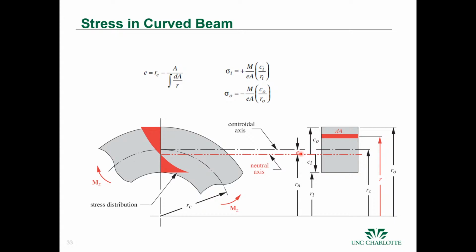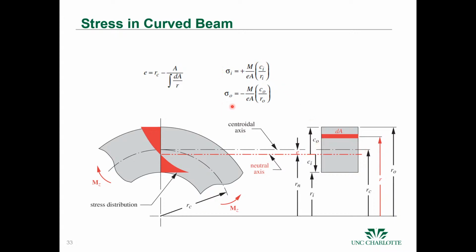We can find this distance by looking at the distance to the center of the circle and then subtracting this term, which is a weighted area over the radius.